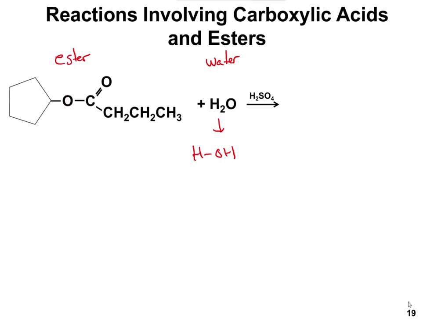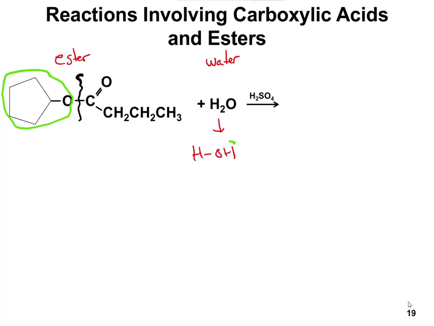Well, the rule here is you cannot circle through the carbonyl. So basically, what's going to happen in more specific chemical terms is that bond right there is the one that's going to be broken. Your ester bond is going to be the one that's going to be broken. So whenever we look at this, we're going to circle the O and whatever is attached to it that does not go through that carbonyl group.